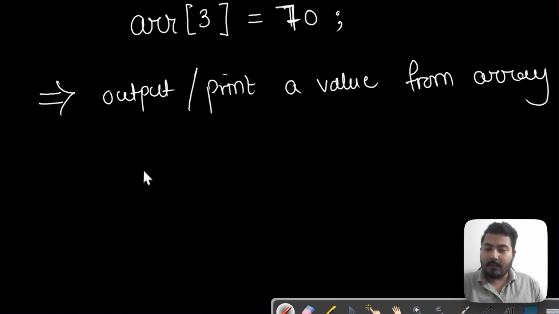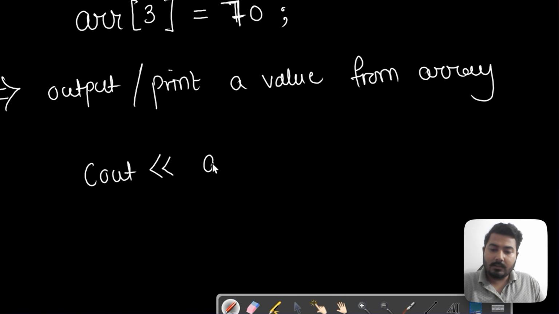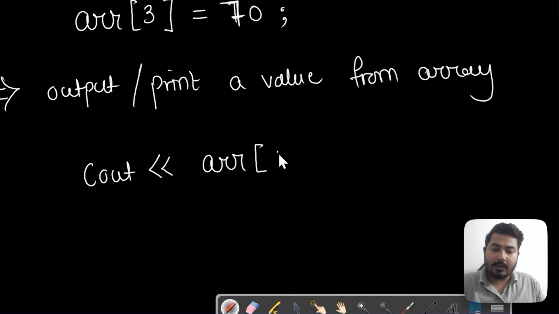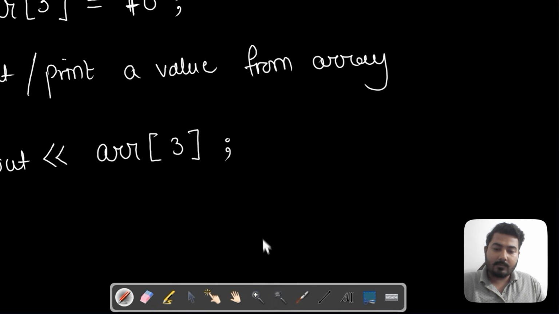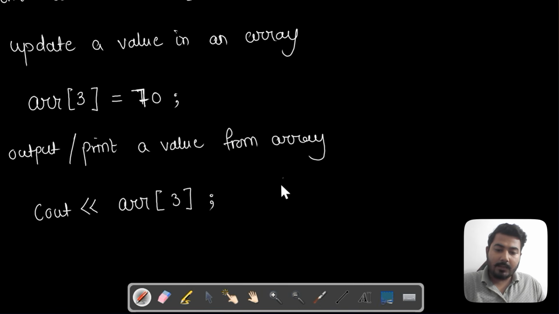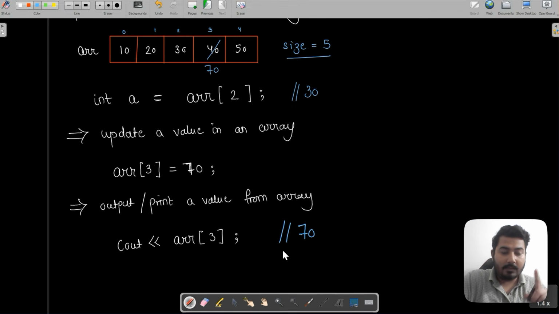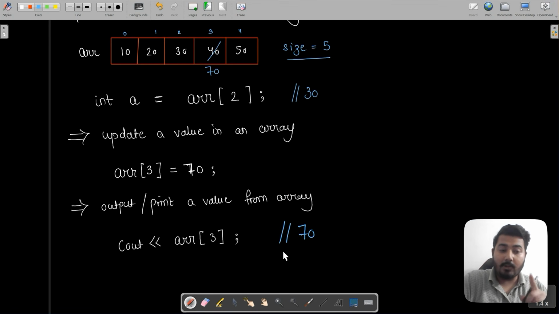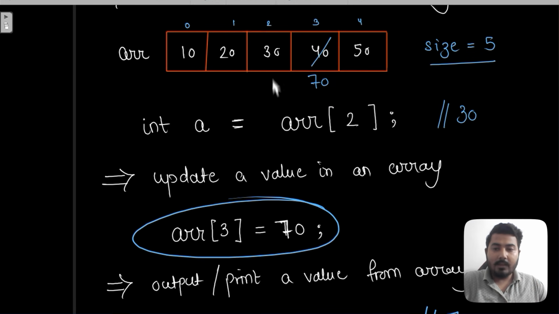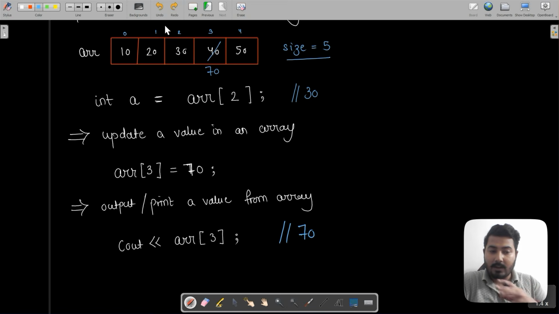What I will do is simply say cout, as you are already aware about, arr square bracket 3. Right now what will happen is it will print the value 70, not 40, because it has already been updated a line before. Here we have already updated the value from 40 to 70. That's why when now we are trying to print the value at index 3, it will give us 70.